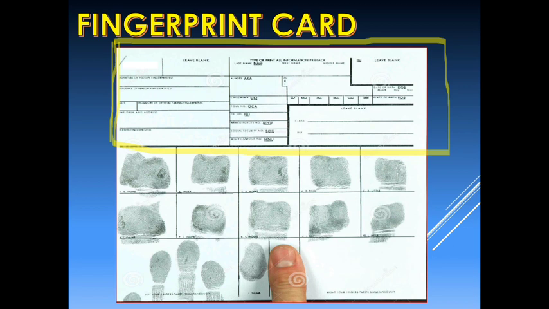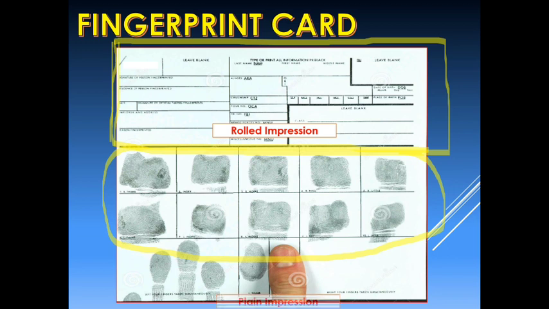We also have here our rolled impressions, since the fingers will be rolled from left to right, and this part will be the plain impression. So this rolled impression, these 10 fingerprint patterns, will be the subject for blocking out, or the subject of the fingerprint classification system.